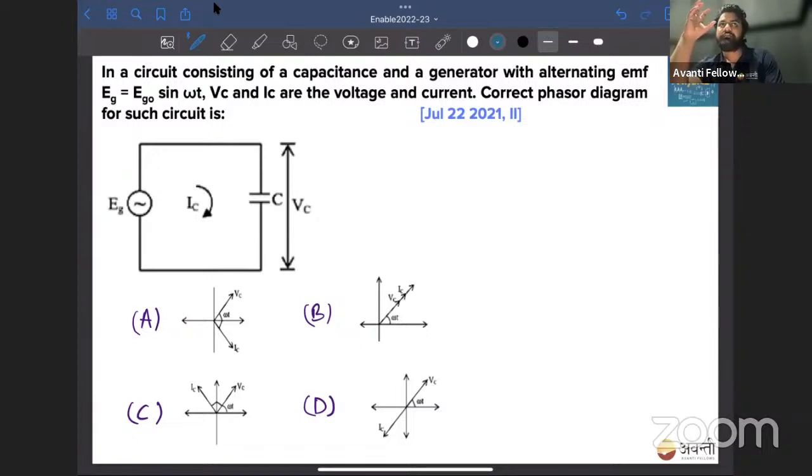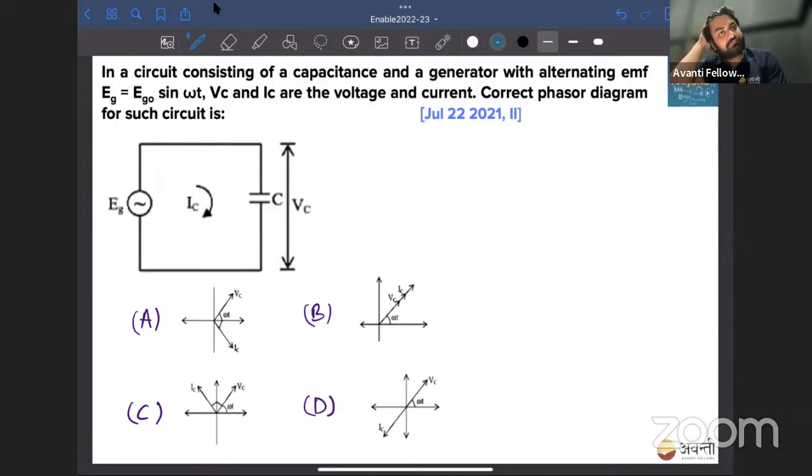We analyzed this EMF and found two values: RMS and average. RMS is I naught by root 2 or V naught by root 2 for a whole cycle, and average is 2 I naught by pi for half cycle. For a whole cycle, the average is 0 because positive and negative cancel out.